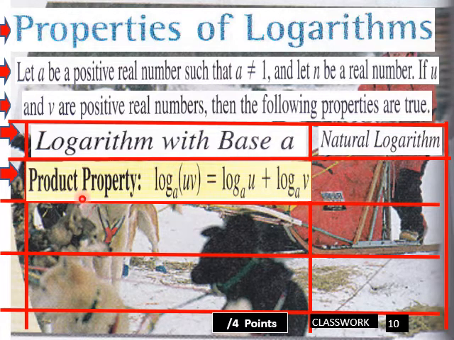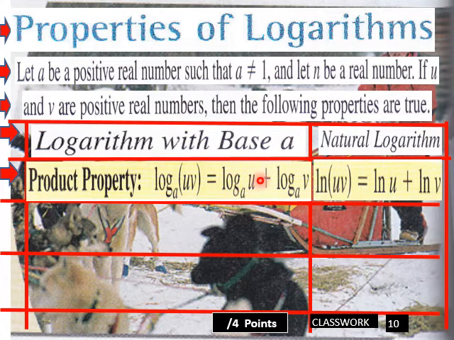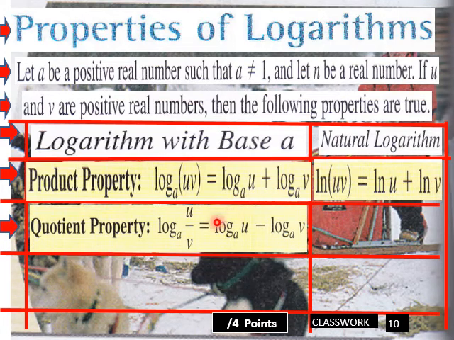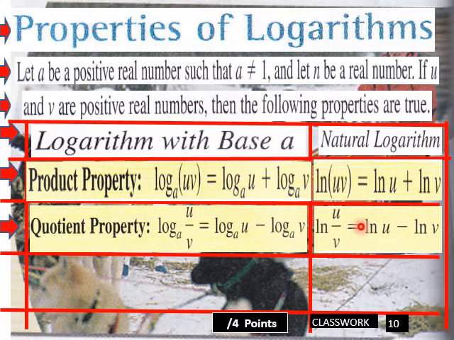So we're adding for a product within the logarithm. And natural log of uv is natural log of u plus natural log of v. And then the quotient property: log base a of u divided by v equals log base a of u minus log base a of v. So we're subtracting the denominator's log from the numerator's. We do the same thing for natural logs: natural log of u minus natural log of v.